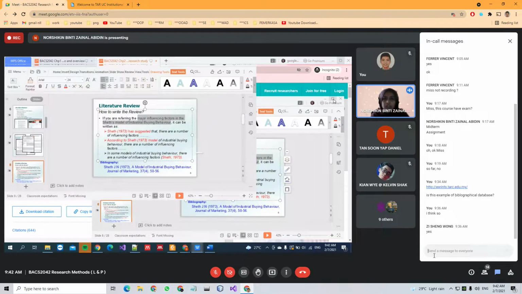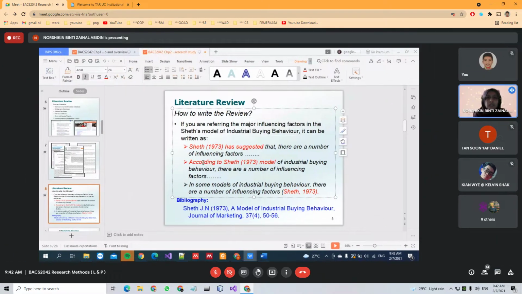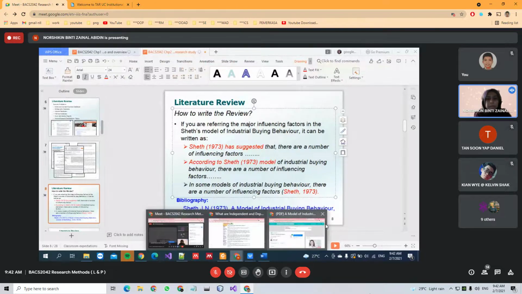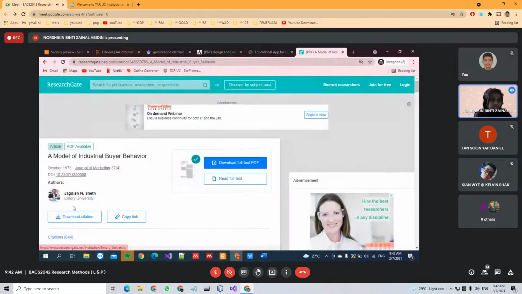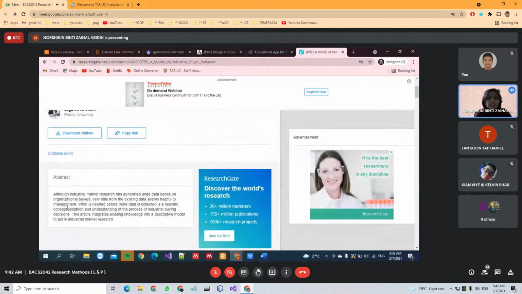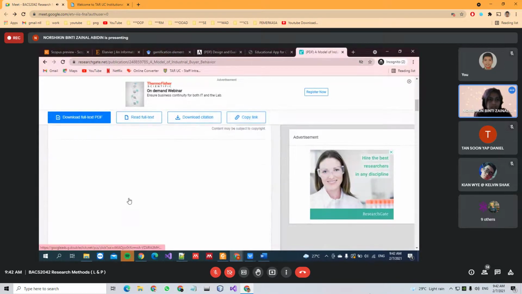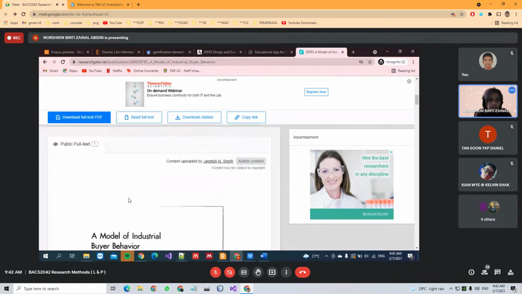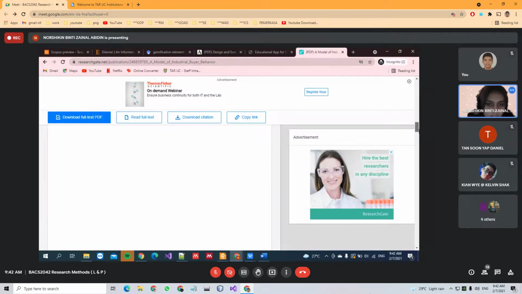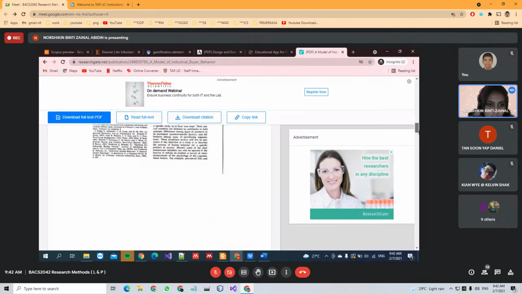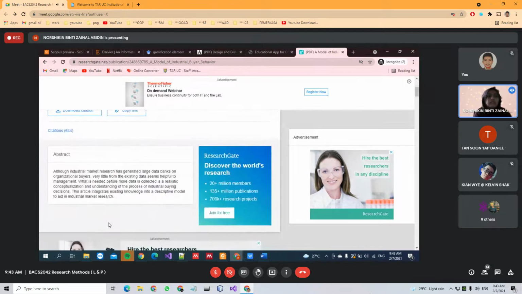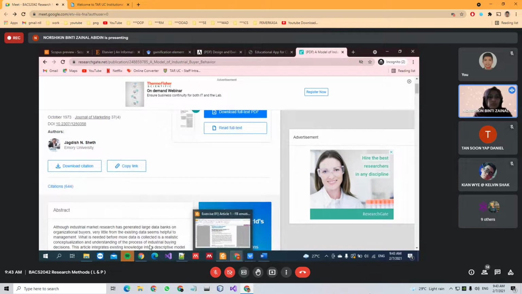So how to write an LR? Let's say you conduct research related to this paper. After you already read this article, you found that the outcome of this paper is related to what you want to do.